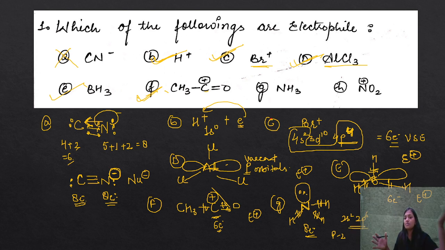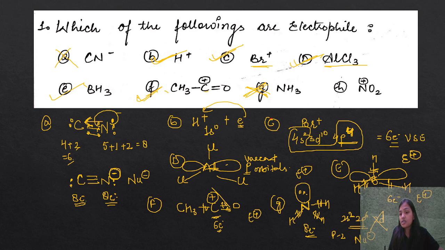In the second shell we don't have any vacant orbital, we don't have any 2d. Its octet is complete, so this cannot be electrophilic in nature. It has a complete octet and there is no vacant orbital, no partial positive, no complete positive charge. It is nucleophilic. So yes, this is said to be nucleophilic in nature.